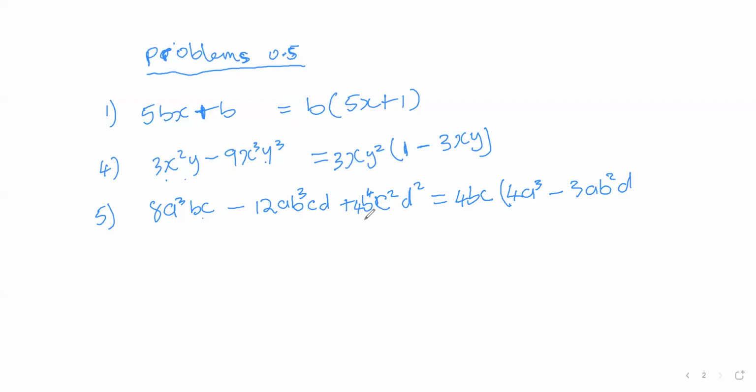And from this term, 4bc is outside, we are left with b cubed c d squared. Okay, and that's then the factorization of that. So you can decide to maybe factor further by considering these two terms and factor out a, or these two terms and factor out d, but it won't make any huge difference doing that.